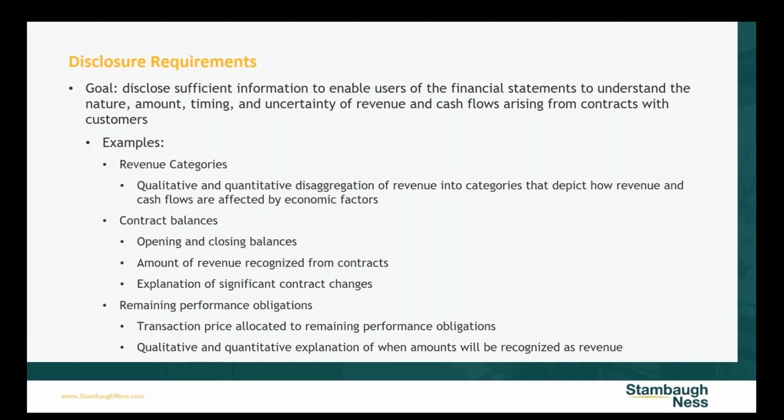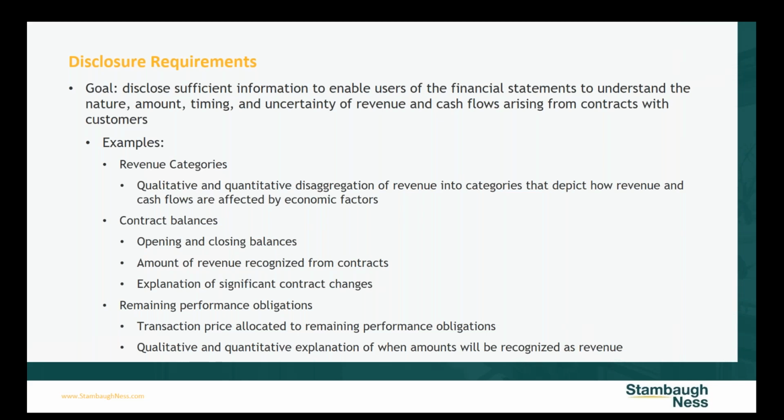And to be honest, it's usually one of the first things that a reader of a financial statement is taking a look at. And so that's the goal, to really help the readers more understand the revenues from your organization. Some examples of the disclosures that you might start to see are revenue categories.